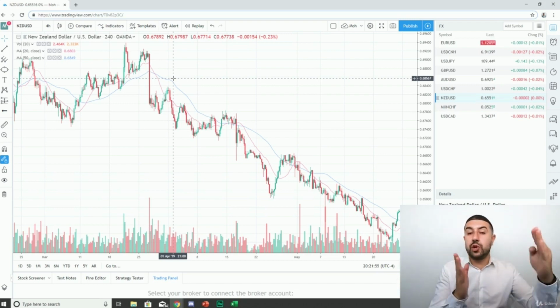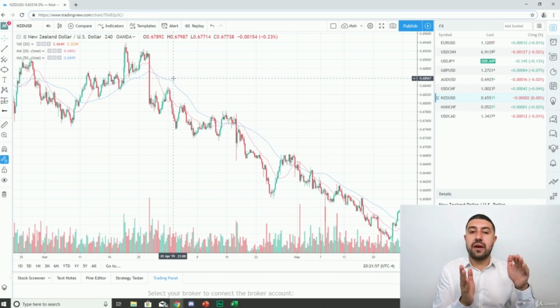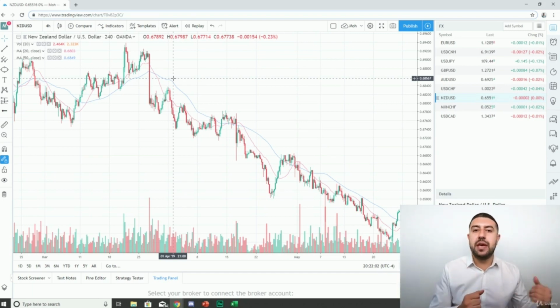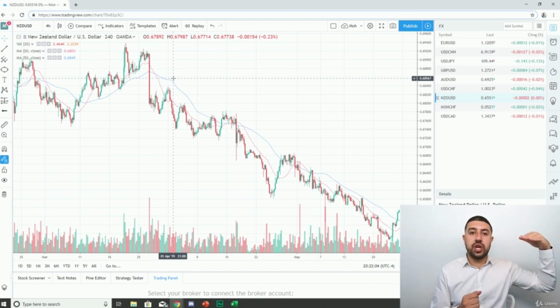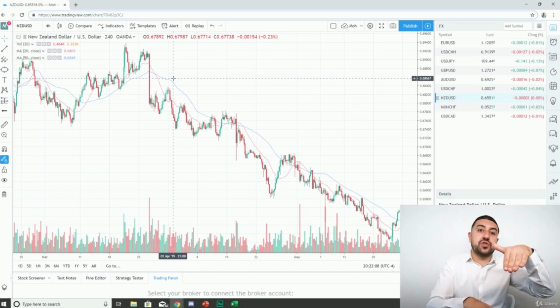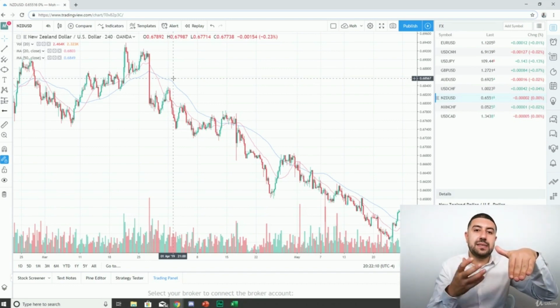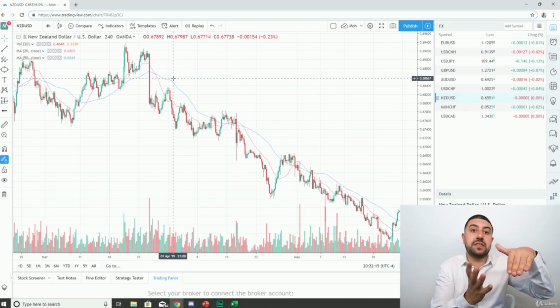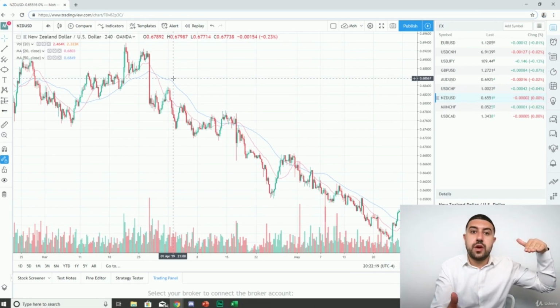And what I can do is I can look at these two different moving averages and see if one changes versus the other. For example, if my 50-day moving average is going down and my 20-day moving average is going down faster, what that tells me is the last 20 days were worse than the last 50 days because the 20-day moving average is lower than the 50-day moving average, right?